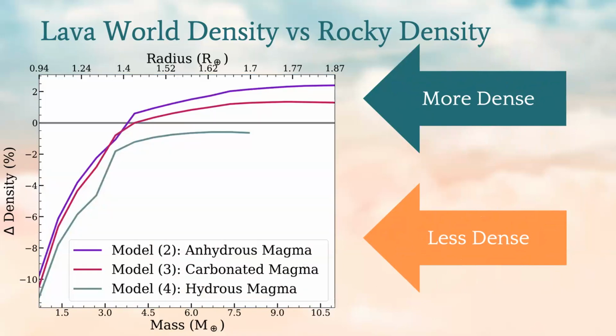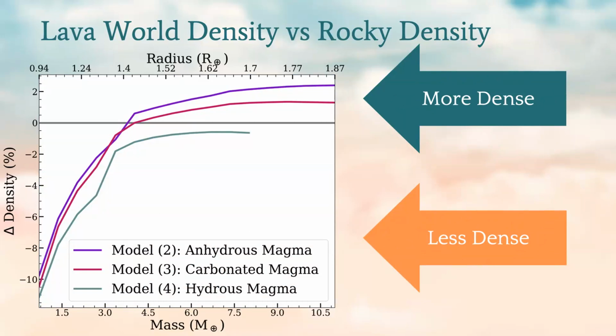So you'll immediately see that for low mass planets, we find the biggest density decrease, and for these more massive planets, particularly for anhydrous and carbonated magma, we end up seeing that the planets become denser than an equivalent mass solid planet.